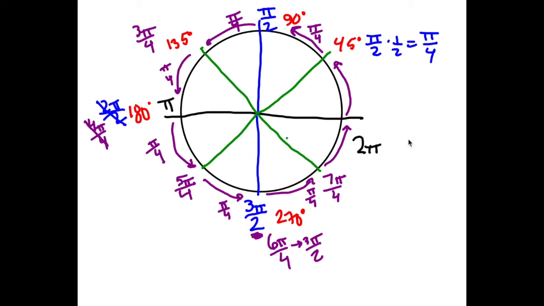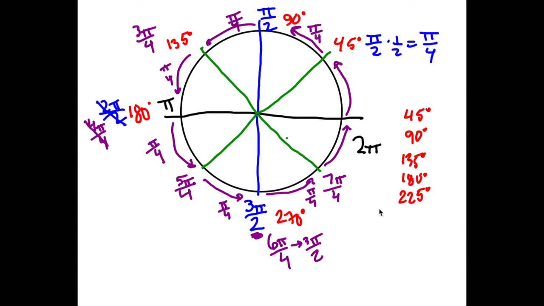So we started with 45 degrees. And then we went to 90 degrees. And then we went to 135 degrees. And then we went to 180. And then up we kept going. What would this one be? Again, if I add another pi over 4, that's 180 plus 45. That would be 225.